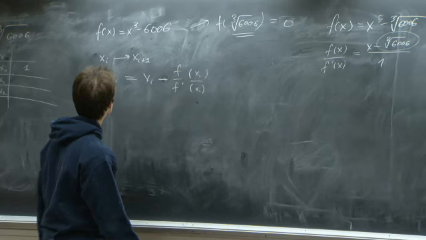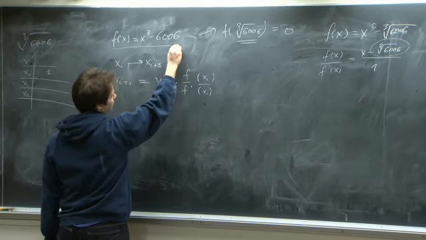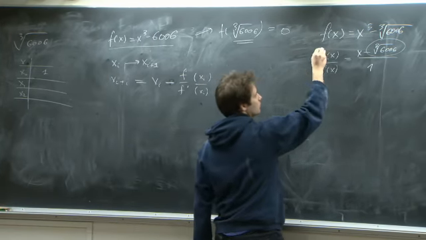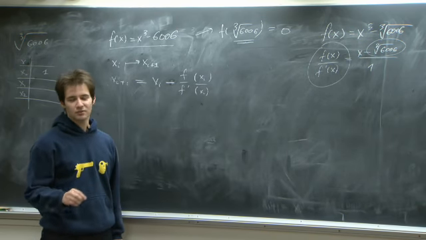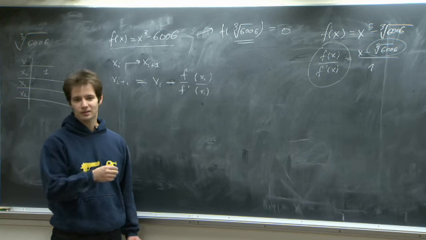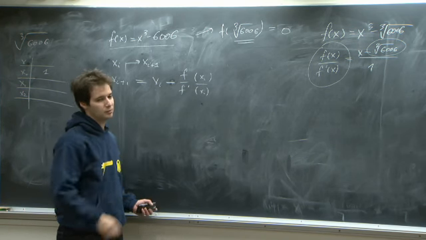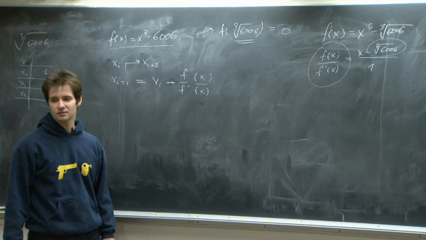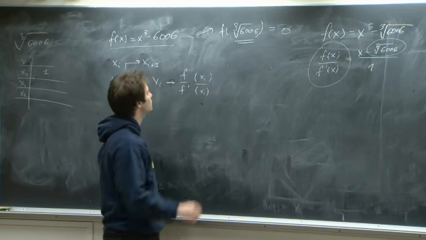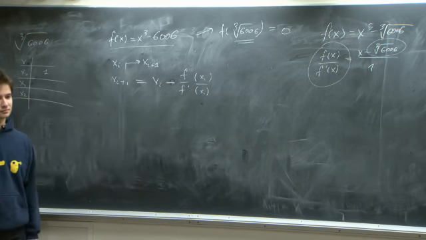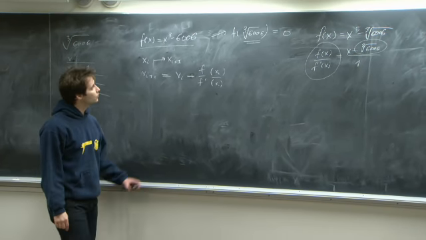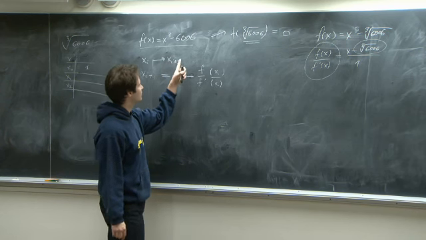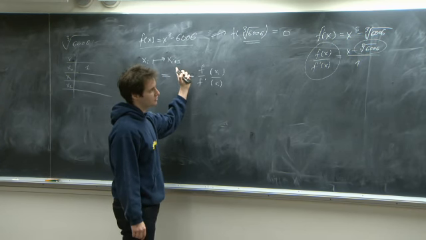By the way, it's not enough that this is easy to compute. What you want is for this ratio to be easy to compute. In the case of division, we had a function that looked pretty wacky, but when we divided it by the derivative, we got something reasonably nice. So this has to be easy to compute.